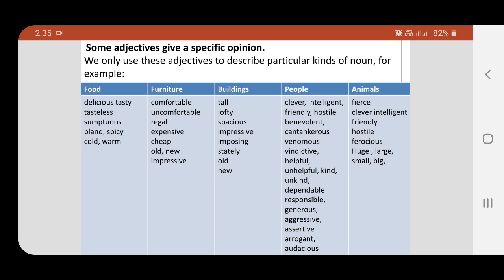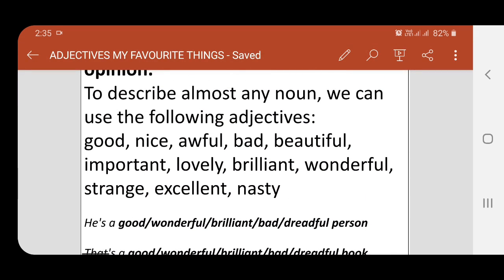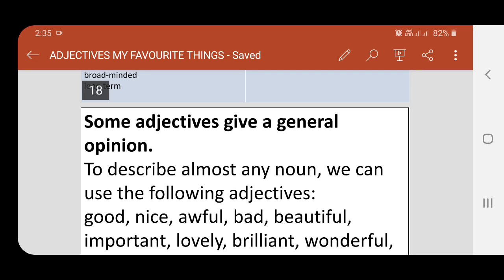So these are some of the adjectives which you use to describe the nouns, and they give you a general opinion. So now we have seen two types of adjectives. That is adjectives which are giving you a general opinion and adjectives which are giving you a specific opinion.